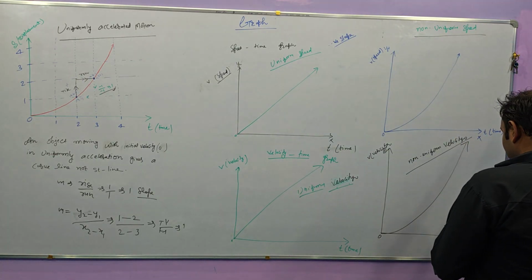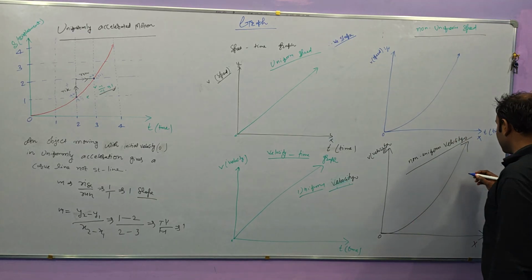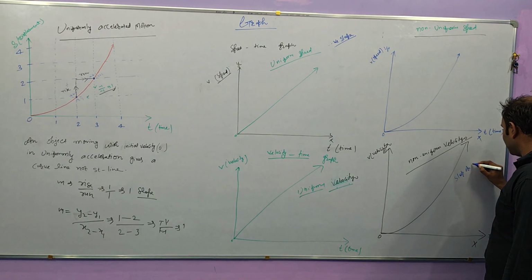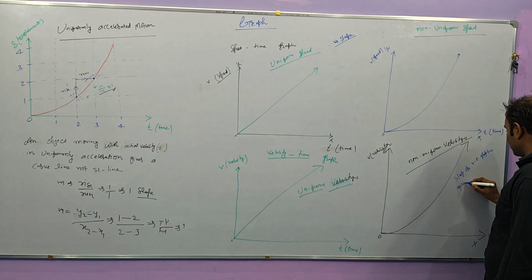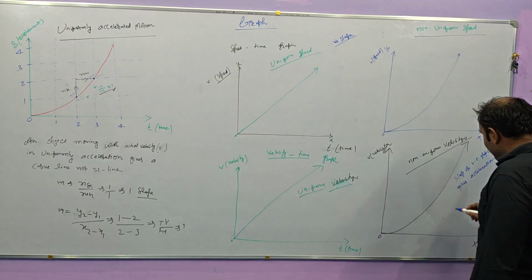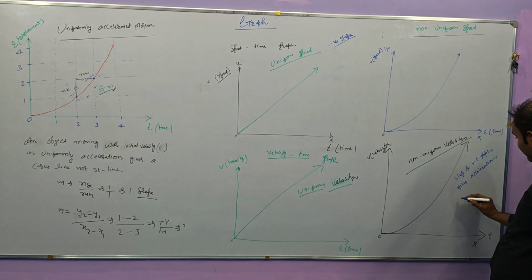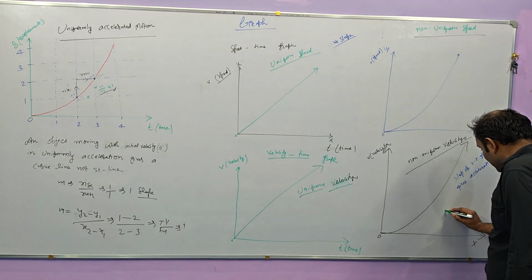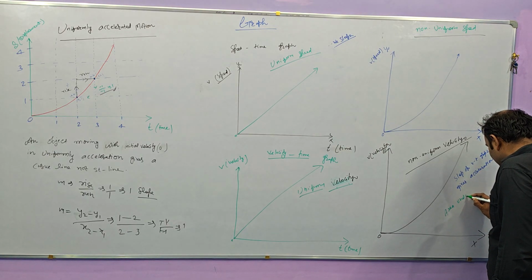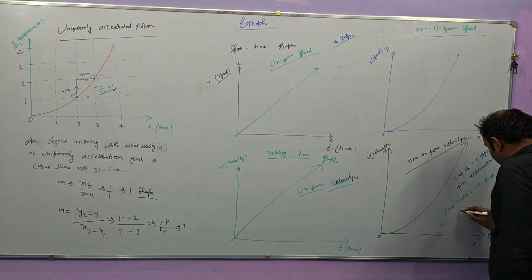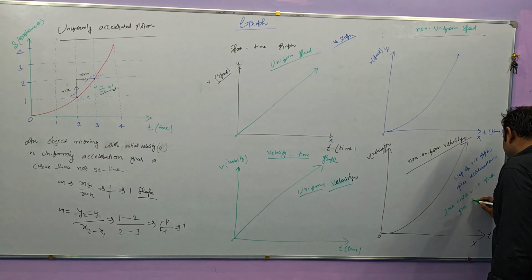That is, slope of the VT graph gives acceleration and area under the VT graph gives displacement.